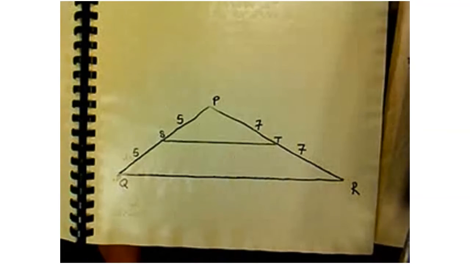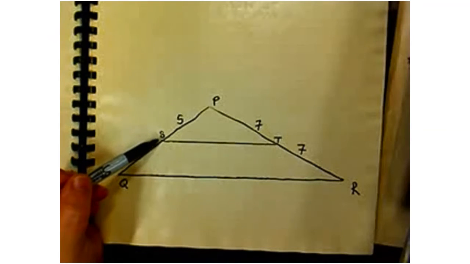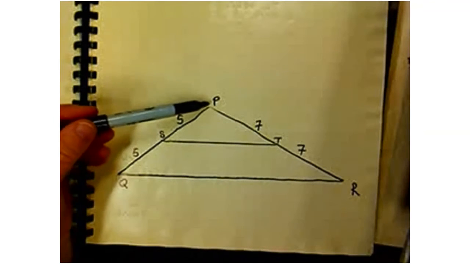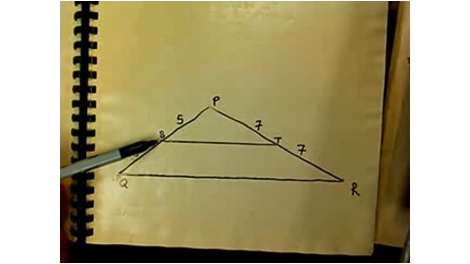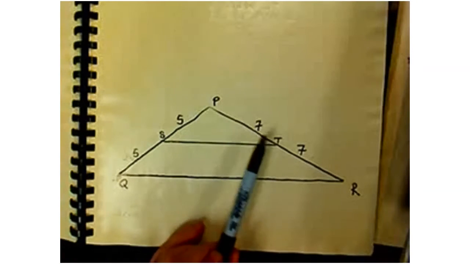Oh, that's interesting. So we can then make the conclusion based upon information that we already have learned that S and T are midpoints, aren't they? Because they're splitting the side PQ in half, 5 and 5, and splitting the side PR in half, 7 to 7.